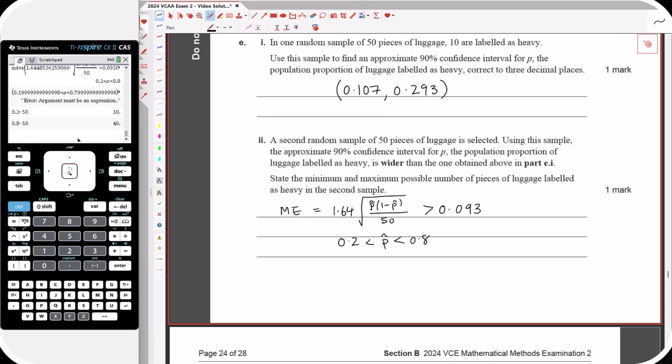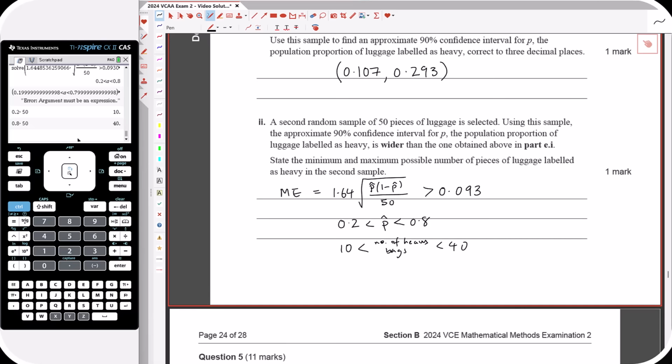So that means the number of successes, so number of heavy bags, has to be somewhere between 10 and 40. And so therefore the minimum is going to be 11 heavy bags, and the maximum is going to be 39 heavy bags.